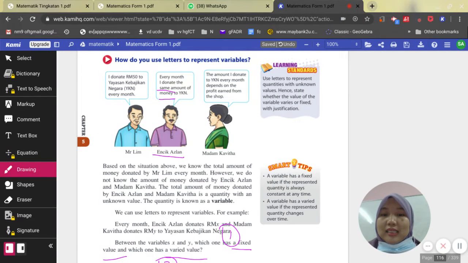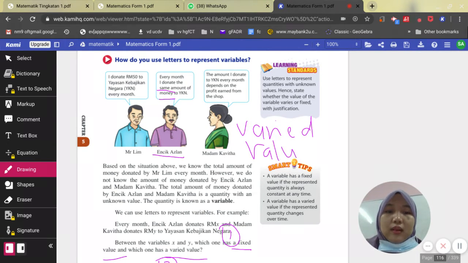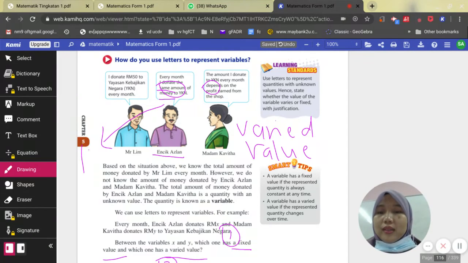So for Encik Azlan, it has a fixed value. But Madam Kavita, dia depends pada profit. Dia bergantung pada keuntungan. So, untuk Puan Kavita, dia adalah varied value, sebab dia depends, dia berubah, changing. But for Encik Azlan, it's the same amount, so this is fixed value.